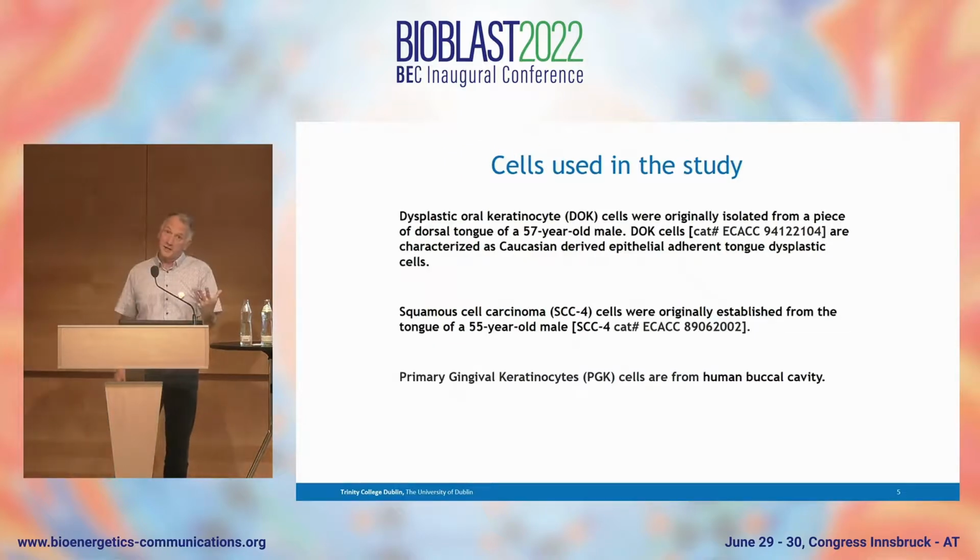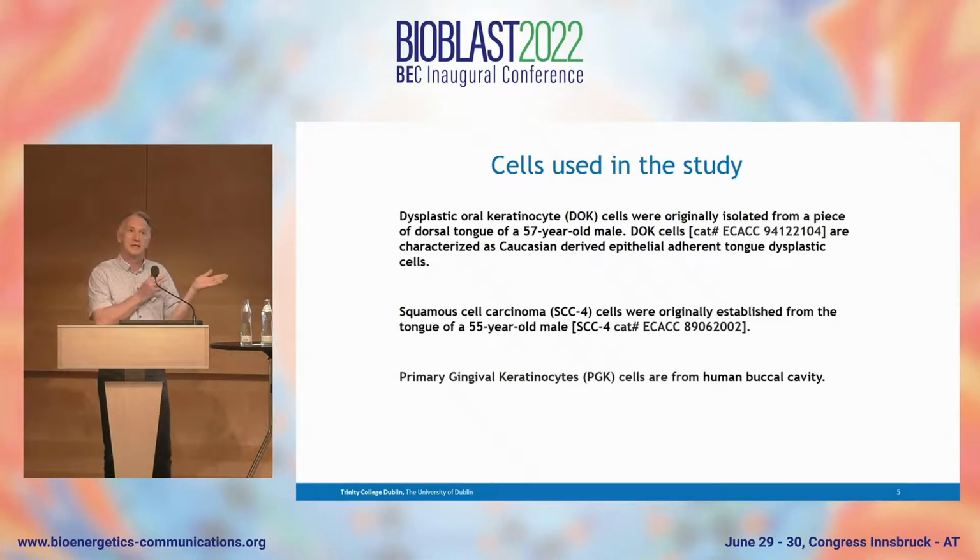But for the bioenergetic study, I was more interested in comparing and contrasting the precancerous dysplastic oral keratinocytes with the cancerous ones. Just to say, the dysplastic ones came from a piece of tongue from a 57-year-old male. The cancerous ones came from the tongue of a 55-year-old male.